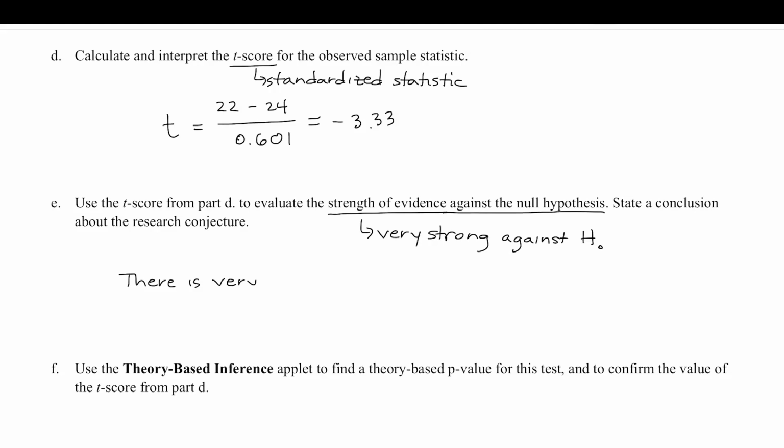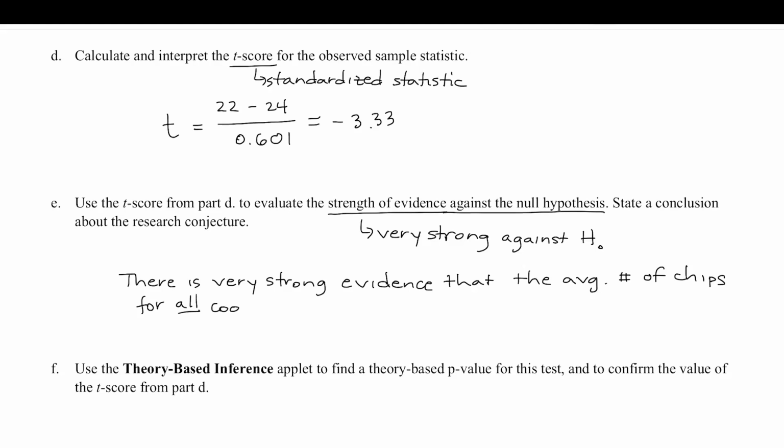But we have very strong evidence that mu, and I don't want you to just write the letter mu, I want you to write out all the words: the average number of chips for all cookies, this is about the whole population made by this company, is less than 24.